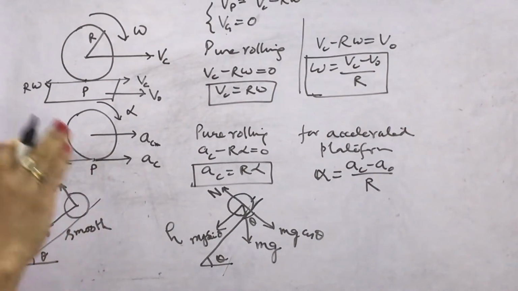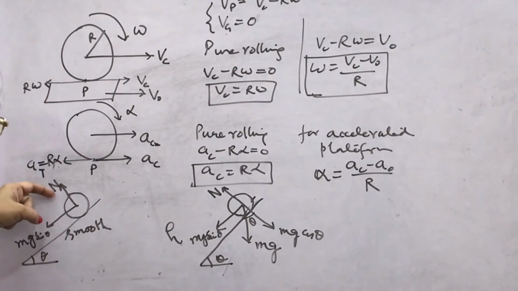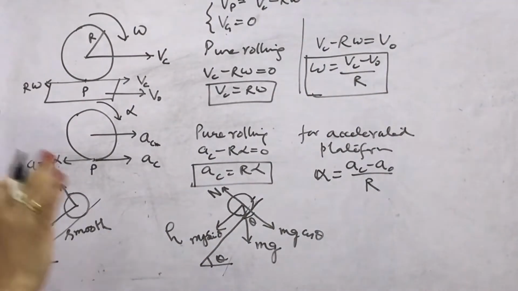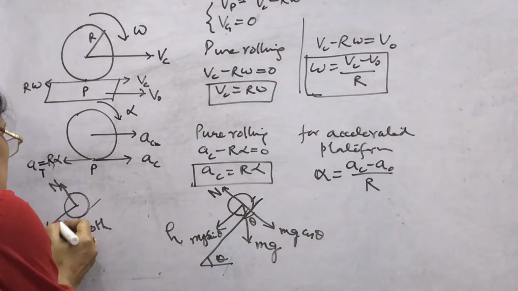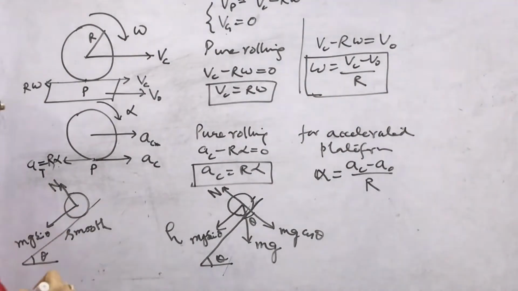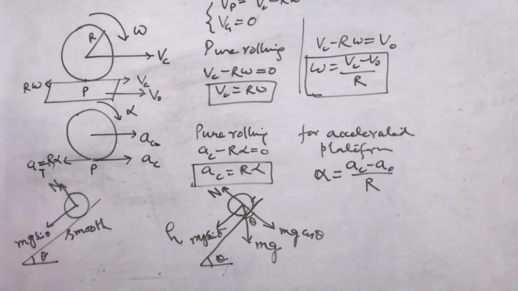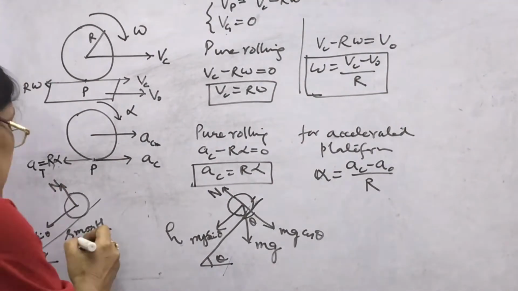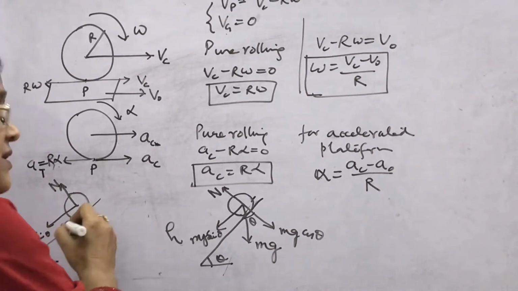Because rolling requires torque. These cannot form torque. Then what will happen? The body will slip, skid. There will be no rolling because there is no friction, no torque, as the plane is smooth.